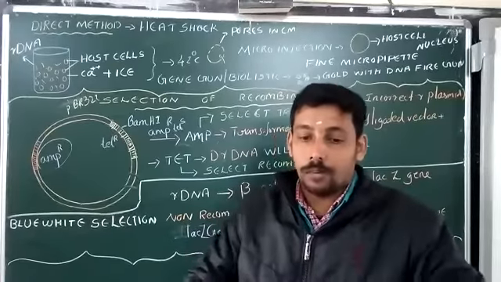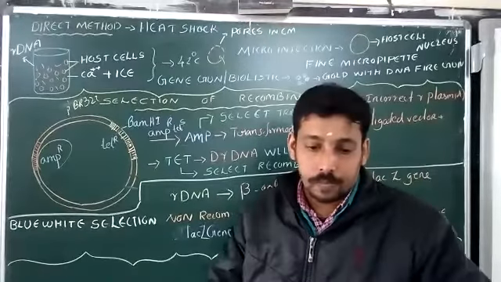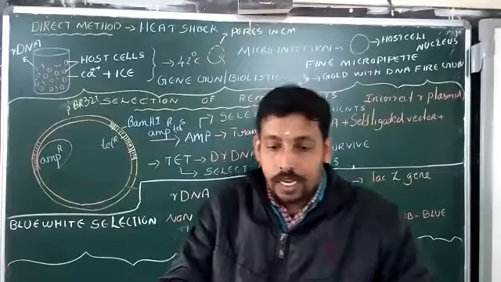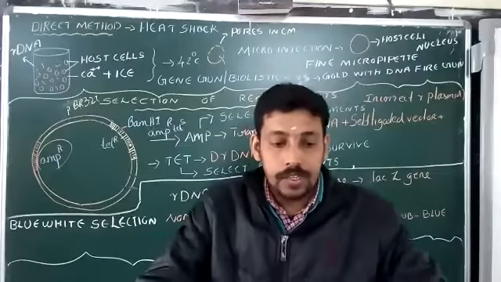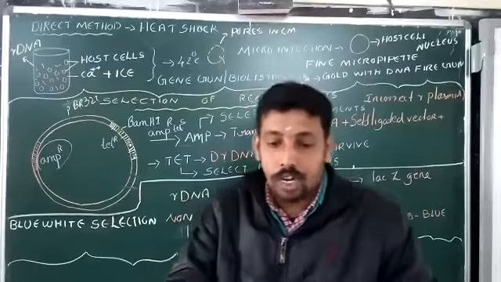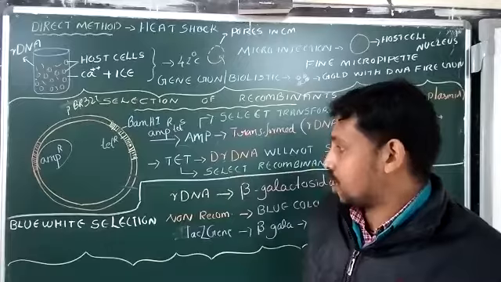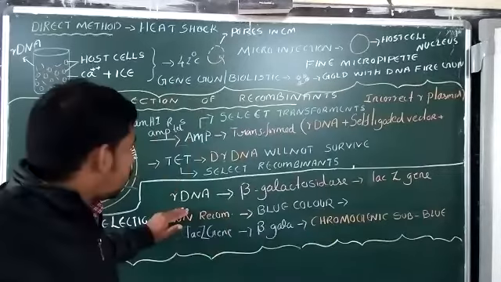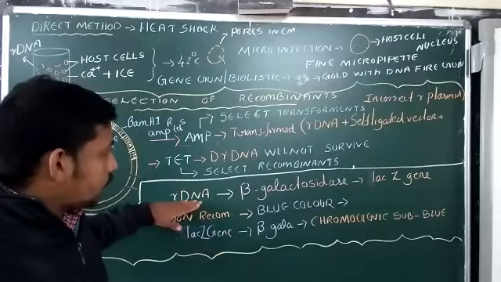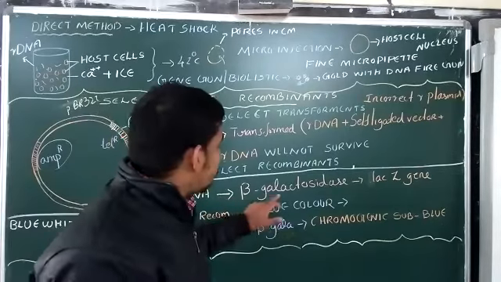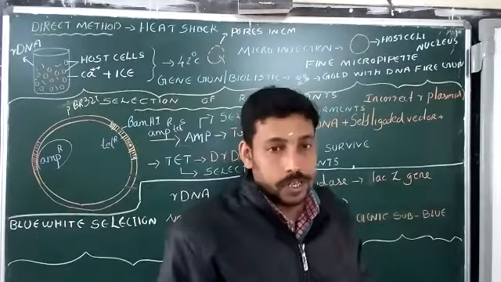Another selection is the blue-white selection. Okay, so in this blue-white selection, this technique will differentiate the recombinant plasmid from the non-recombinants by the ability of the non-recombinants to produce blue color in the presence of chromogenic substrate. So here, we are taking the recombinant DNA and inserting that recombinant DNA into the beta galactosidase enzyme site, that means in the lacZ gene.